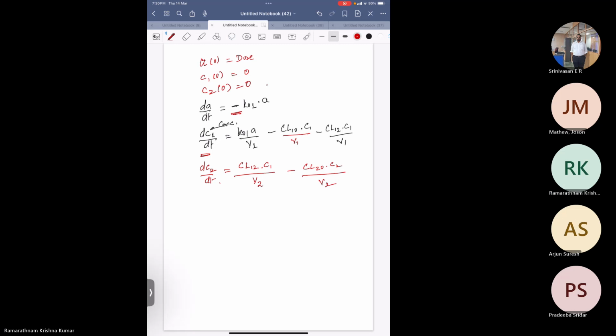Now, this drug concentration, the metabolite concentration, is what is going to kill my tumor.